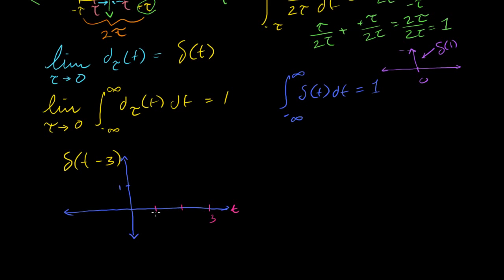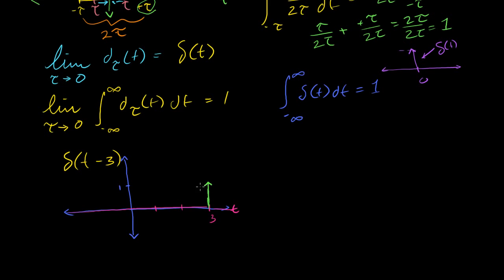What I'm going to do here, it's the Dirac delta function. It's going to be 0 everywhere, but right at 3, it goes infinitely high. And obviously, we don't have enough paper to draw an infinitely high spike, so we draw an arrow, and the arrow's height is usually the magnitude of the area under that spike.